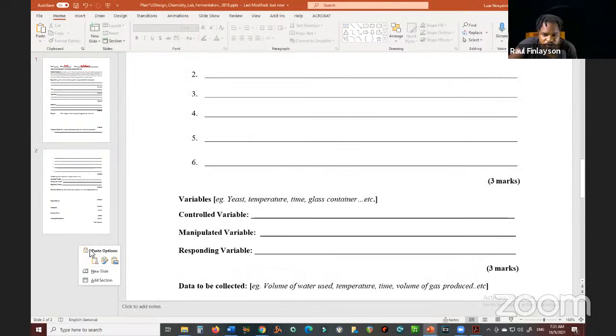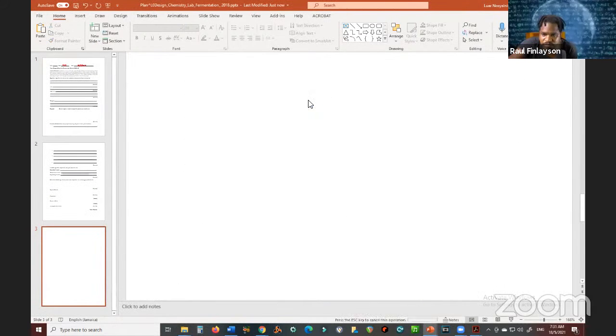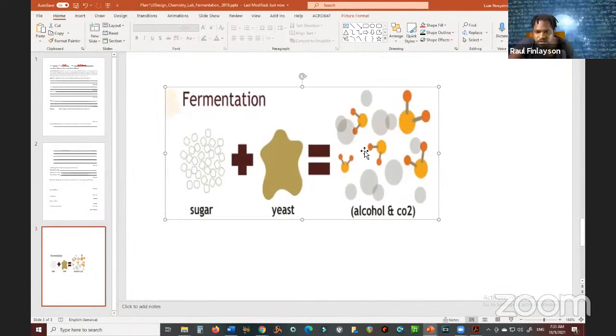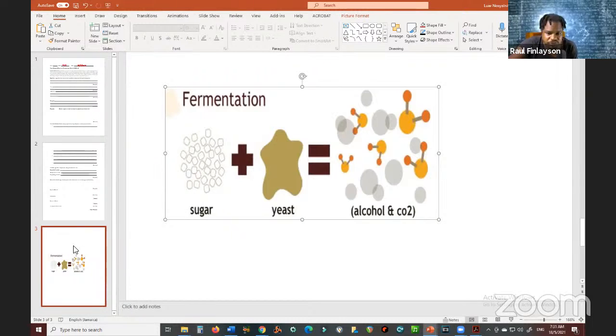As I say, something you can do at home, guys. Something exciting. This is a simple secret, guys. You get your sugar, you need yeast, and you get alcohol and carbon dioxide. Any questions here, guys?